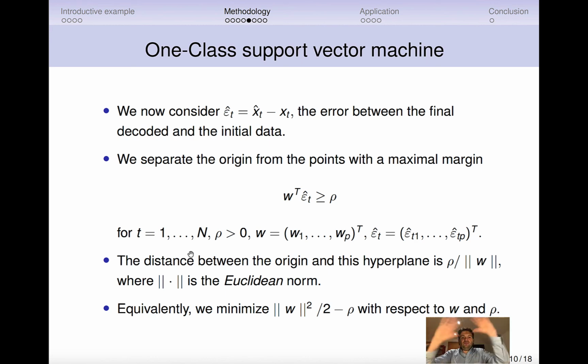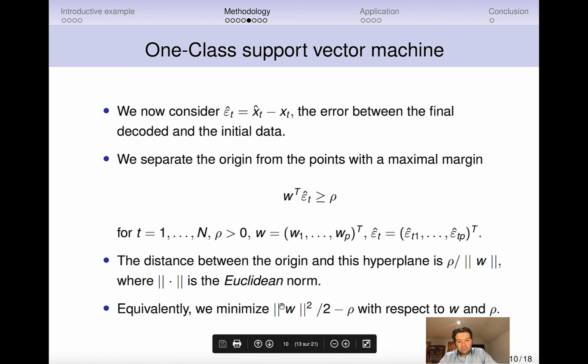Now we consider that we have for the whole data set n data points. We use this Euclidean norm here. It's possible to calculate that very easily, and thus the idea is to maximize this quantity, and that amounts to minimize this quantity.